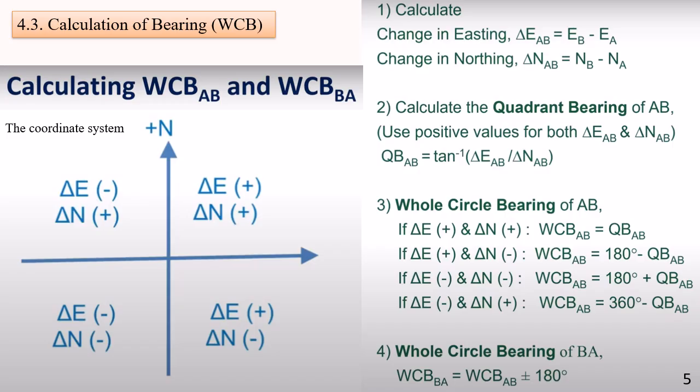Again, you will look at the signs of delta E and delta N. If delta E is positive and delta N is negative, and in the other cases, we can understand that from the coordinate system here. To calculate the back bearing, the whole circle bearing of BA, you will use this very simple relation: the whole circle bearing of BA is the whole circle bearing of AB plus or minus 180 degrees.